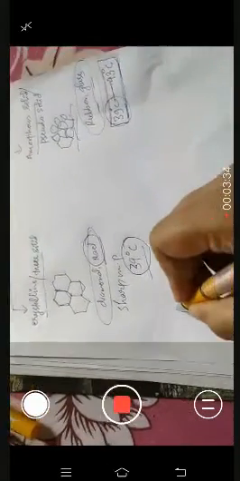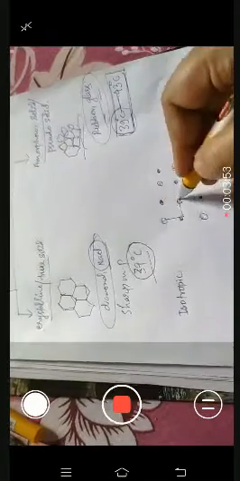And the third one is isotropy. Isotropic means, if I say this is a crystalline solid which has a fixed pattern, you can see cubic. So this is the crystalline solid.